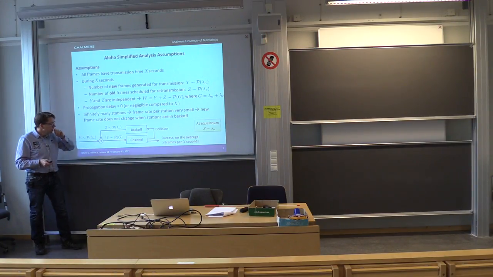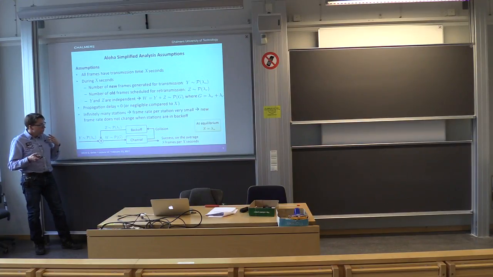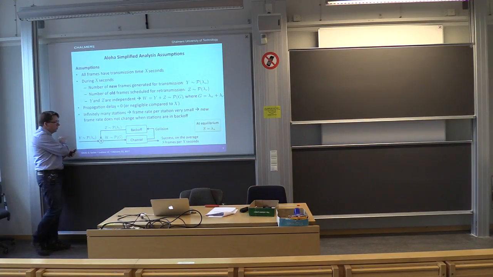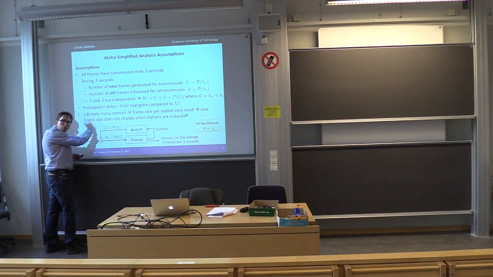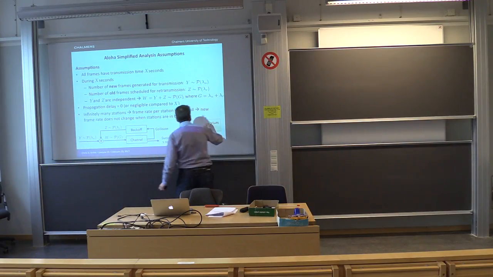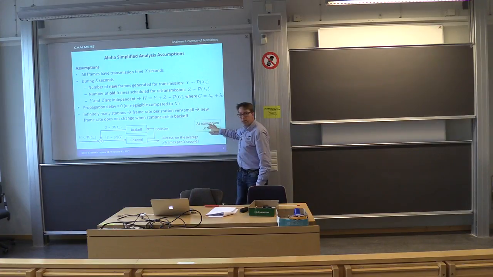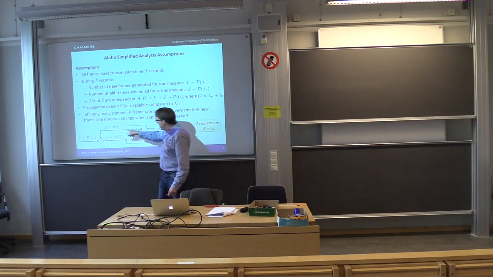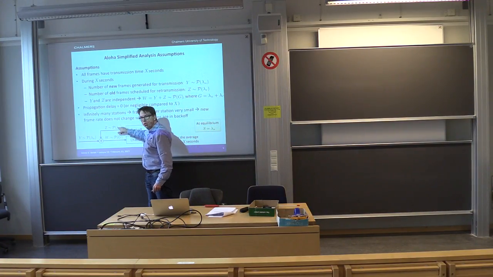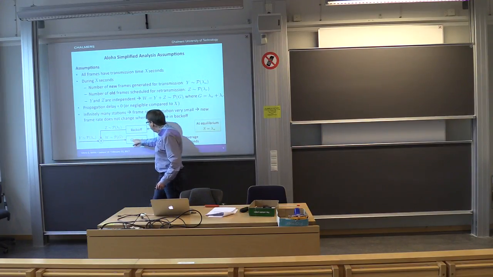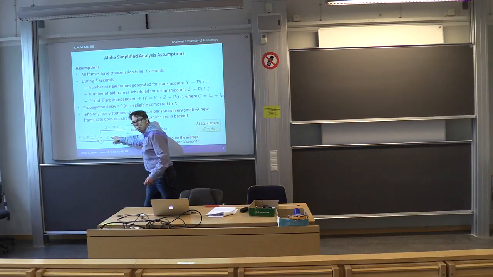Okay, but anyways, if we are in steady state, so we put in some frames here, and everything is oscillating and then converging to some equilibrium, because when we put in a rate here, there will be some feedback here, and it takes some time before this converges.